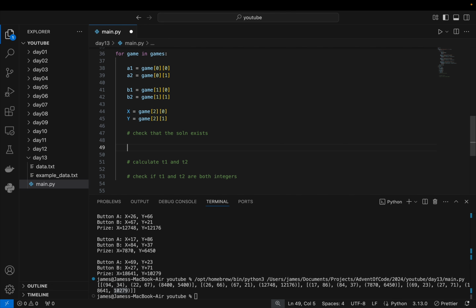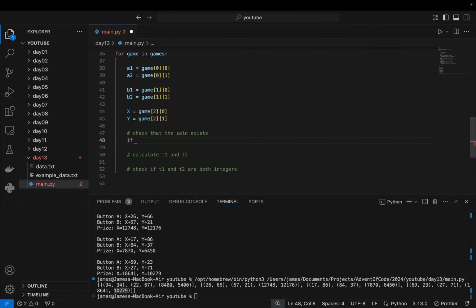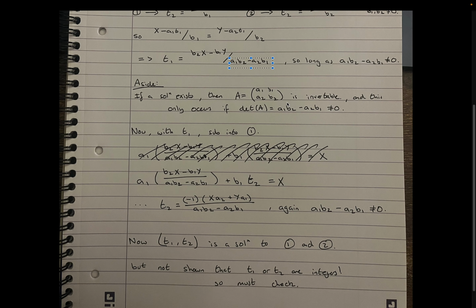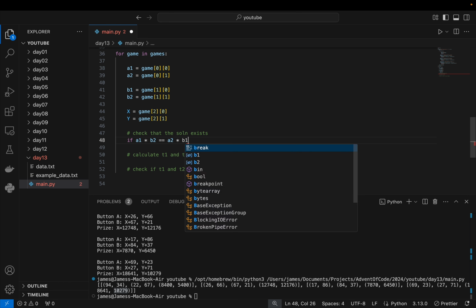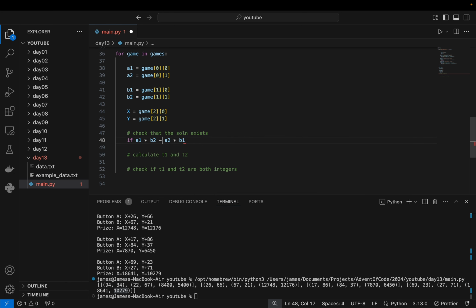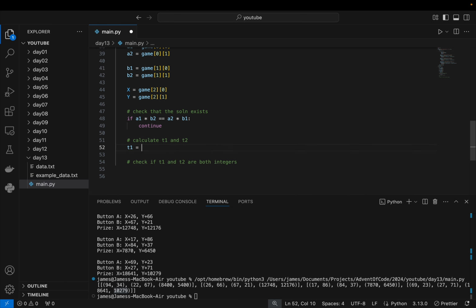Well, there's this determinant that we checked out before. So it's going to be if A1 times B2 is equal to A2 times B1. And remember, this is the same way as writing like that, but I've just chosen to do it like this. If that's the case, then we know that there's no solution for this game, and we can just continue to the next game.